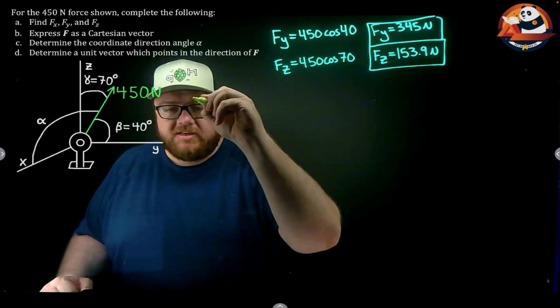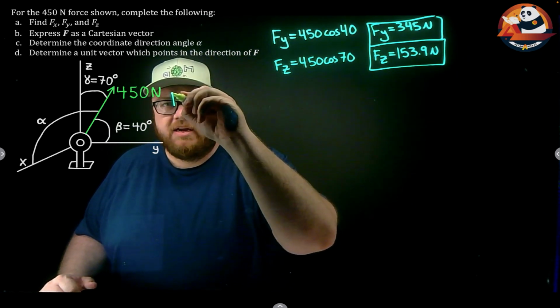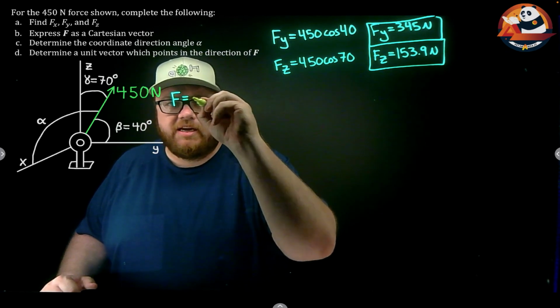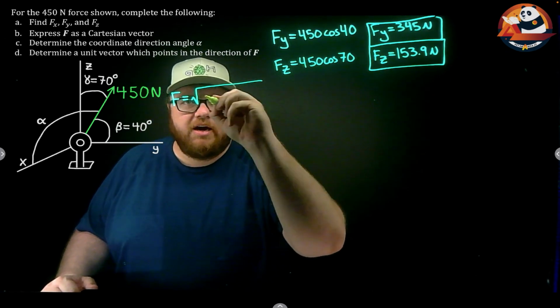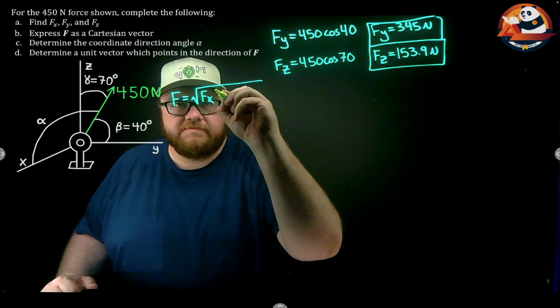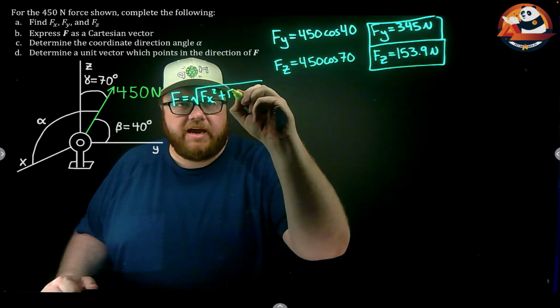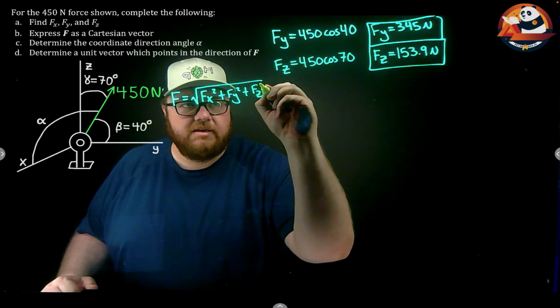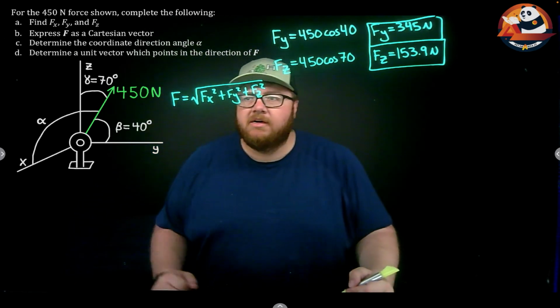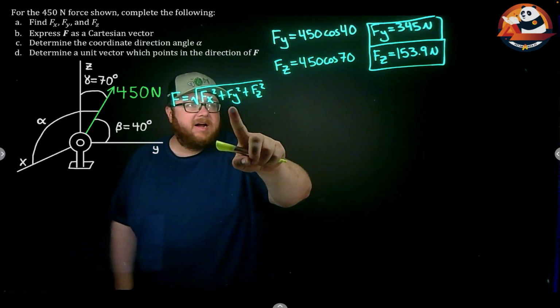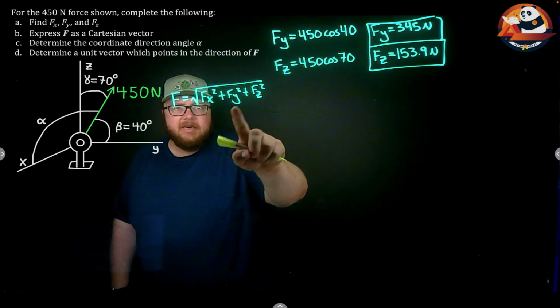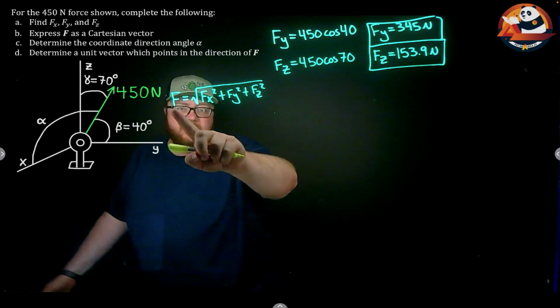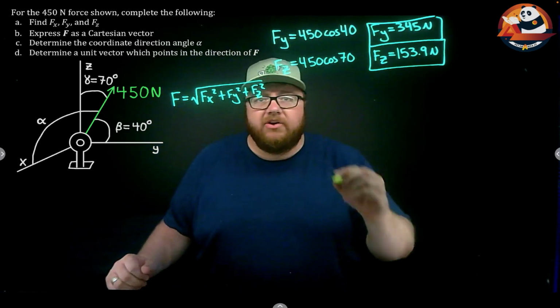I can use a 3D Pythagorean theorem and say that my total force is the square root of Fx squared plus Fy squared plus Fz squared. I have Fy and Fz. I also know F is 450. Really, Fx is my only unknown in here.